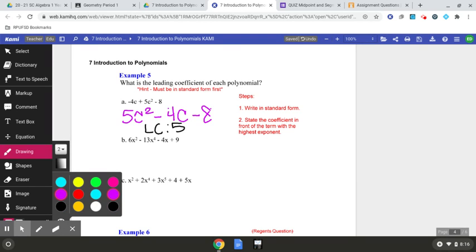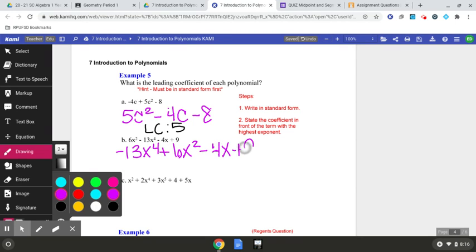Okay, the next one, if I put it in standard form, this is where it's important to take the sign with you. The negative 13x to the 4th is what I'd be writing first. Then I would write the positive 6x squared. Then it would be minus 4x.